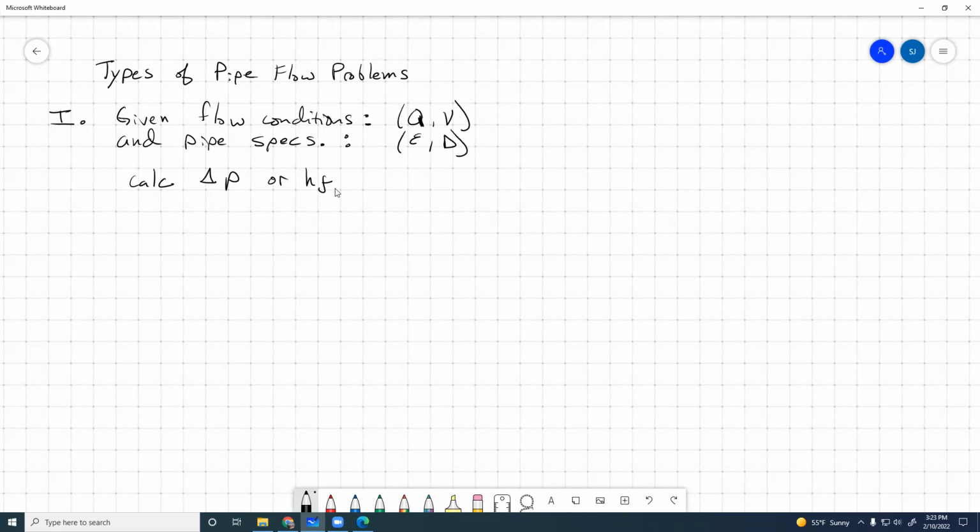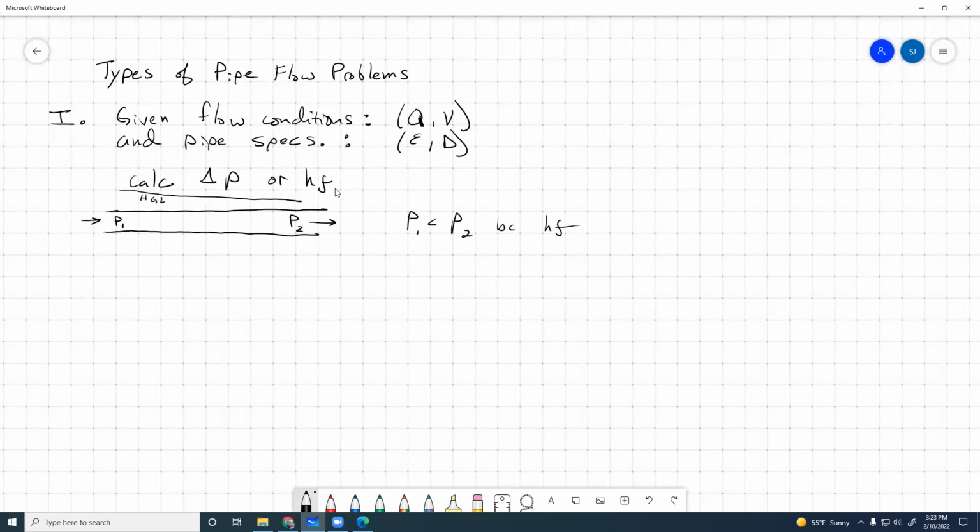So the idea is you've got a pipe, you've got flow coming in. The pipe has the same diameter over here as it does over here, even though I didn't draw it that way. And if we measure pressure 1 and pressure 2, we'll note that pressure 1 is greater than pressure 2 because of H sub F.